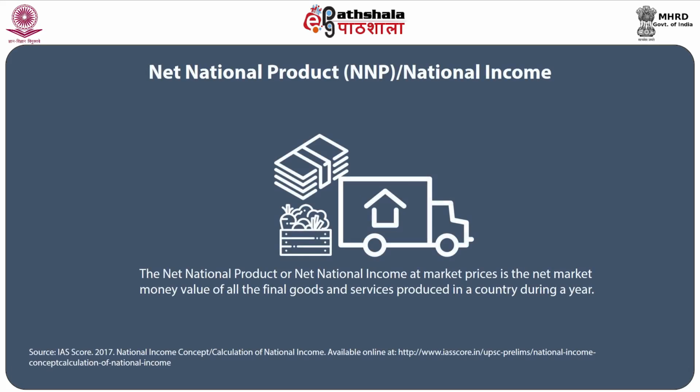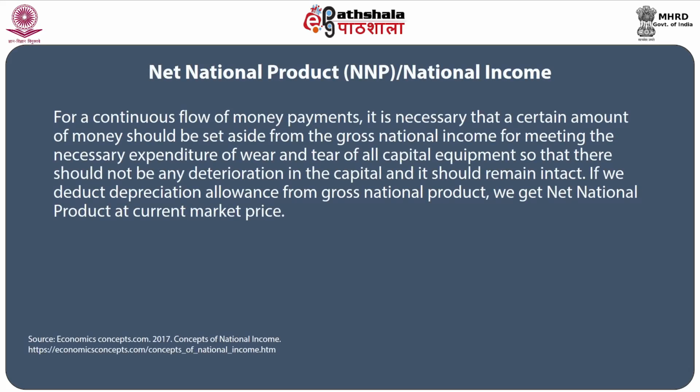Net national product or national income at market prices is the net market money value of all the final goods and services. It is calculated by subtracting the amount of depreciation of the existing capital in a year from the market value of all final goods and services. For a continuous flow of money payments, it is necessary that a certain amount of money should be set aside from the gross national income for meeting the necessary expenditure of wear and tear of all capital equipment, so that there is no deterioration in the capital and it remains intact.